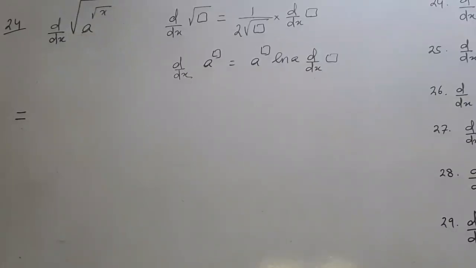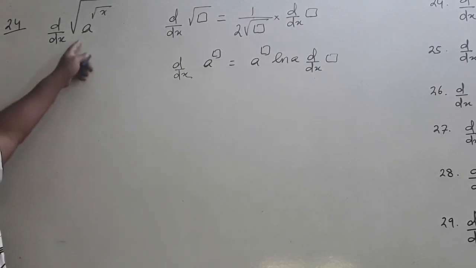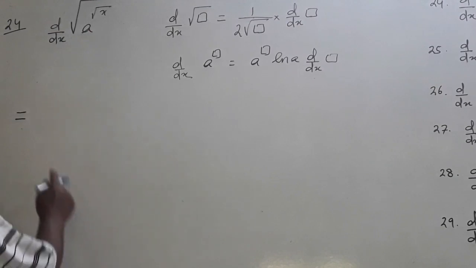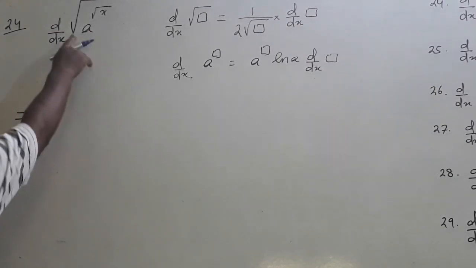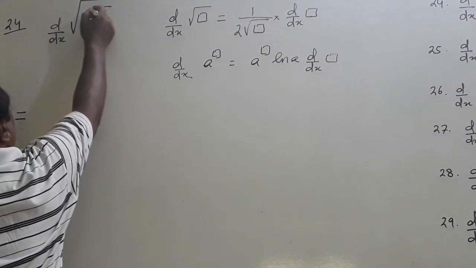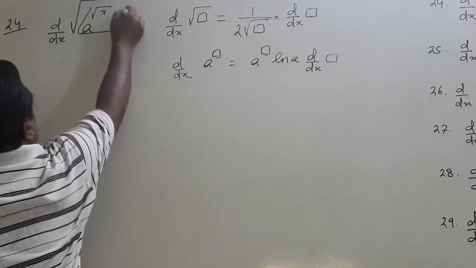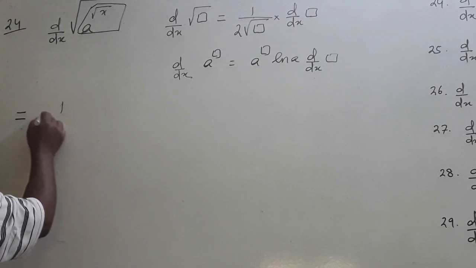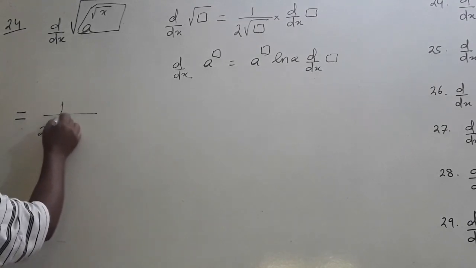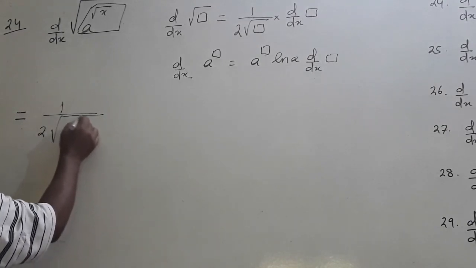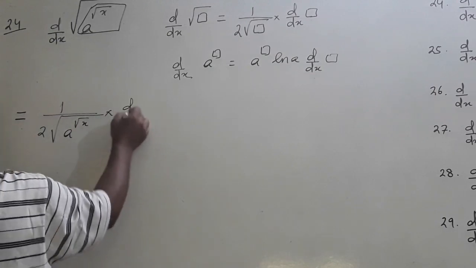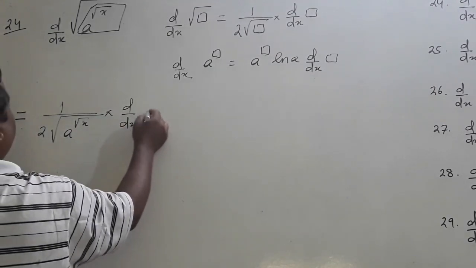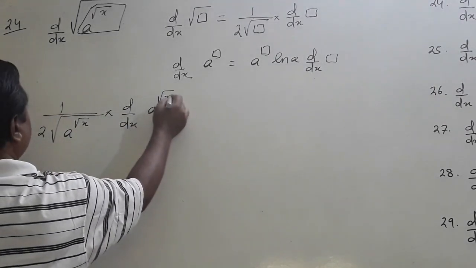Okay. Now number 24. You look at here. D by dx of a to the power root x, whole to the power root. I have written the formula. Root box. Formula is what? 1 by 2 root box into d by dx of box. Answer is 1 by 2 root over a to the power root x into d by dx of a to the power root x.